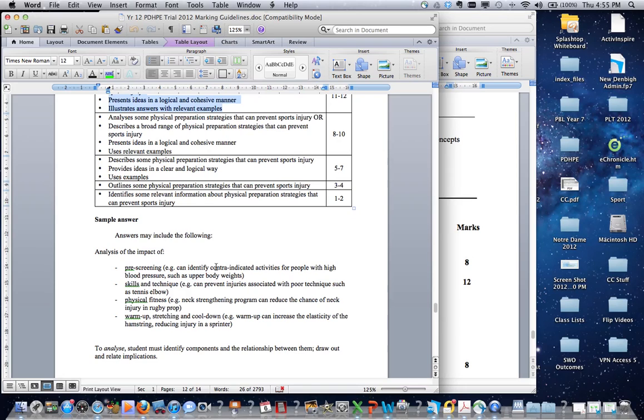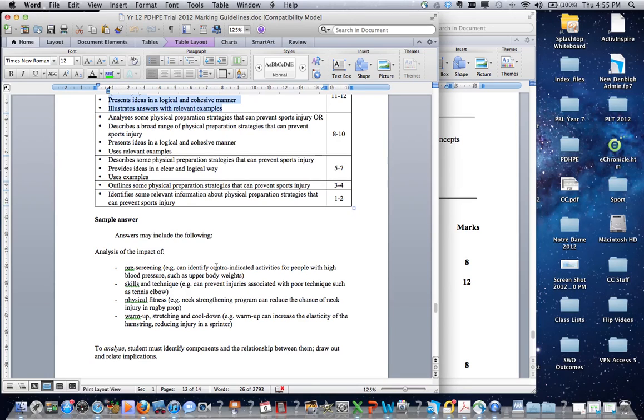Physical fitness is the next area you would need to discuss, looking at different components of fitness. Some students spoke about cardiovascular fitness. Some students spoke about muscular strength.